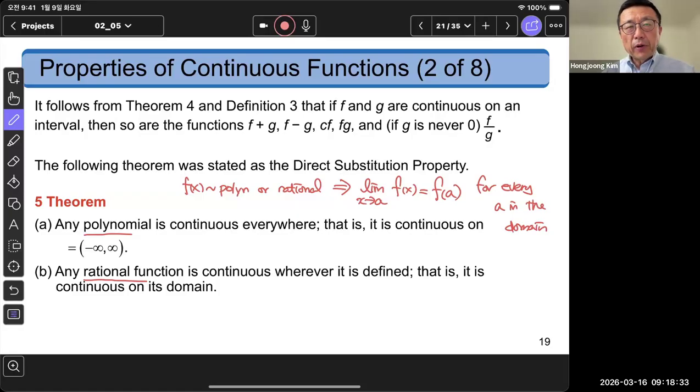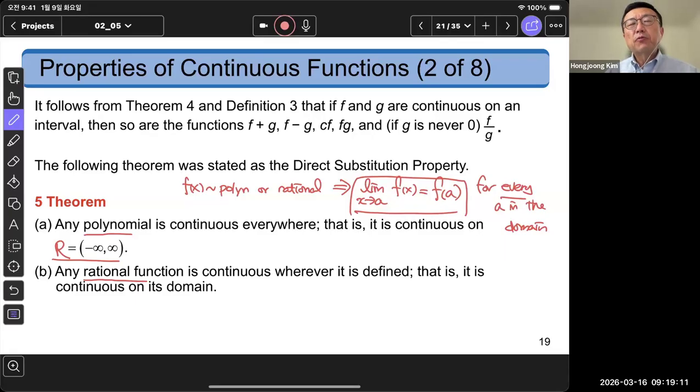Now, a fancier expression for this property is that the function is continuous at point a. In the case of a rational function or polynomial, this equality means that the function is continuous at every number in the domain. In other words, any polynomial will be continuous at every point in the domain, which is the whole real line. A rational function is continuous whenever it is well defined.